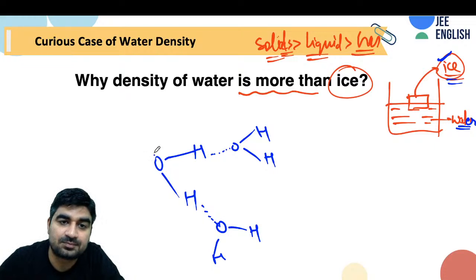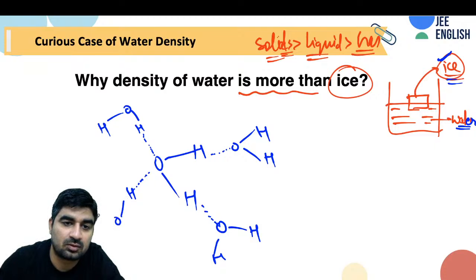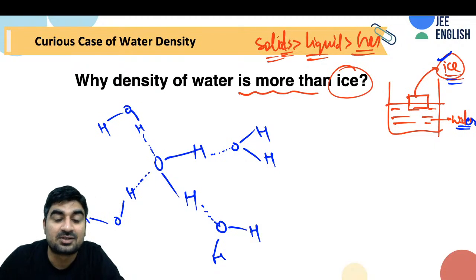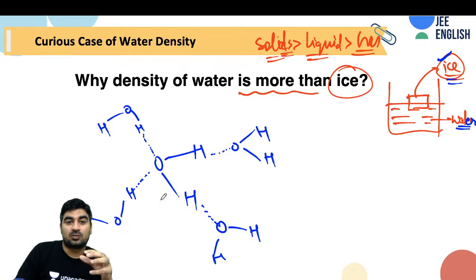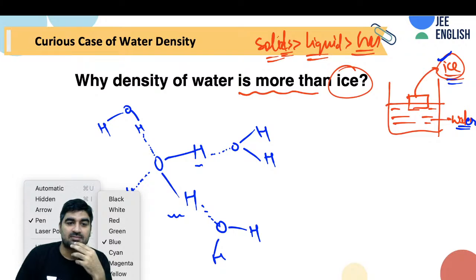So this O is again making H, O, H, H, O, H. So guys, can you tell me, one single molecule, how many hydrogen bonds is it making?